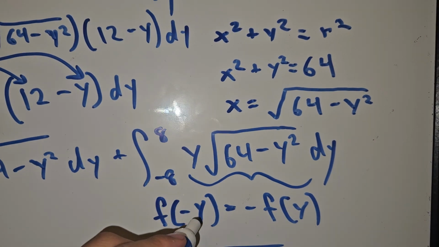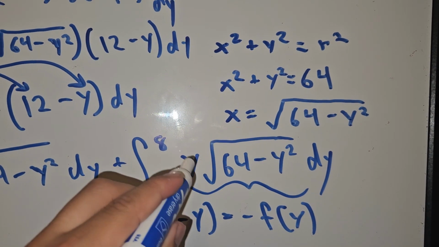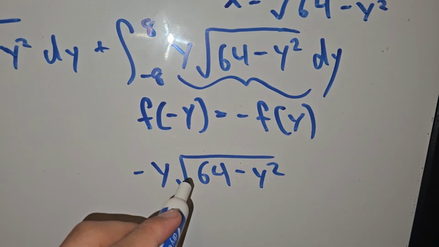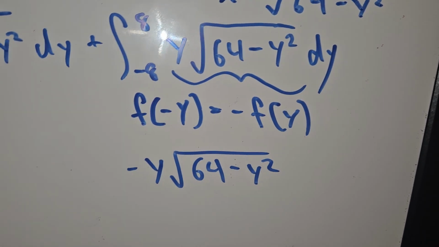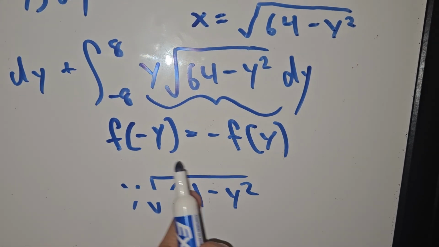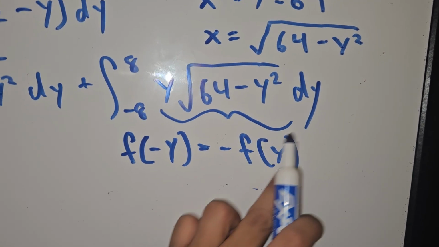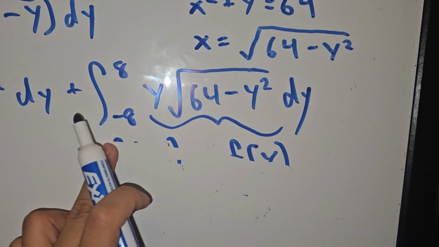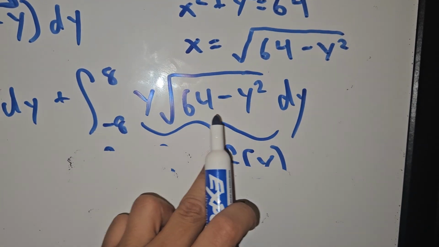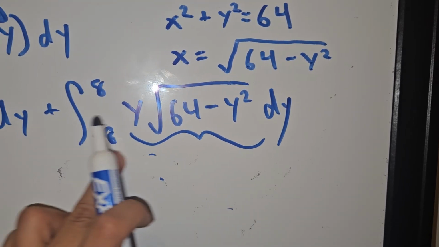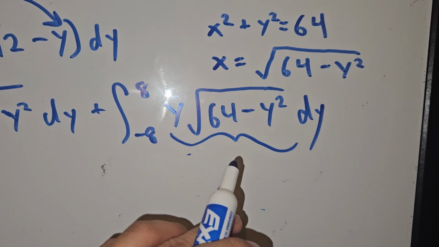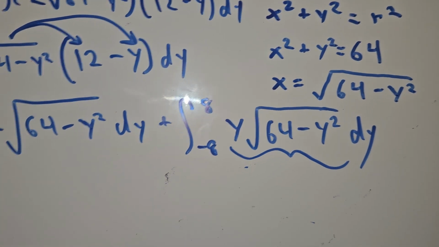And when we have an odd function like that, we do not evaluate that integral, because it's going to be 0. Since it's odd, it goes to 0. So this is just 0.